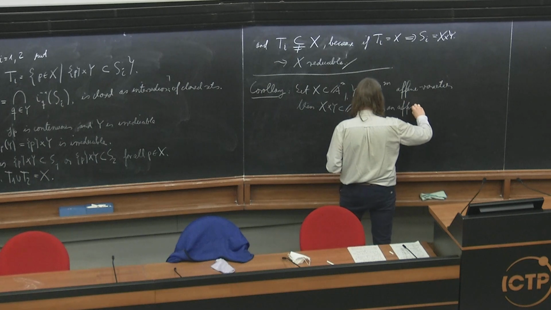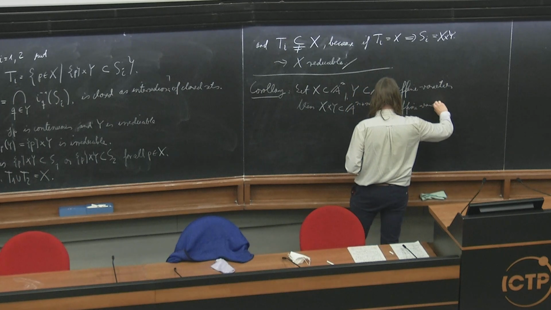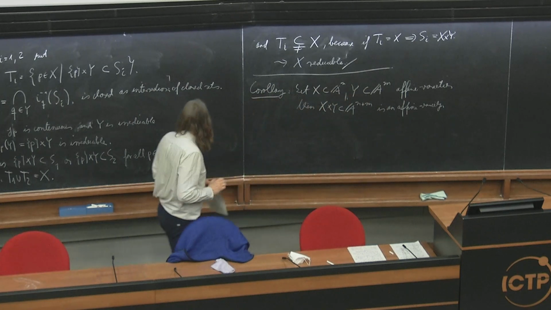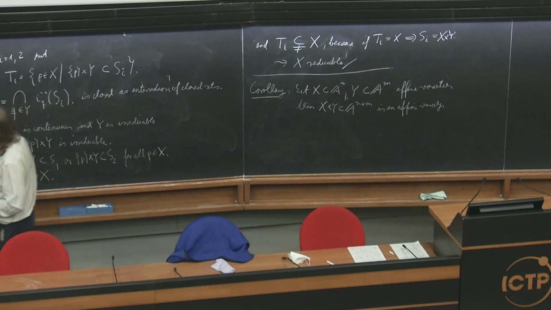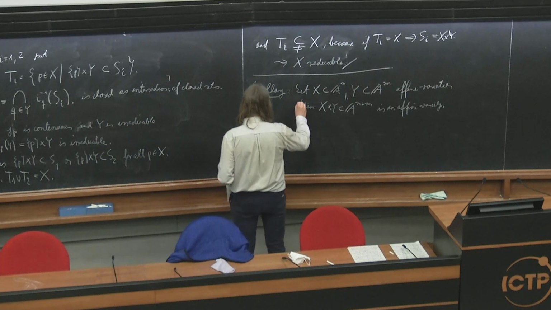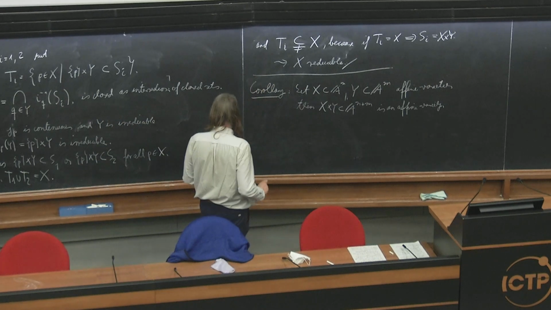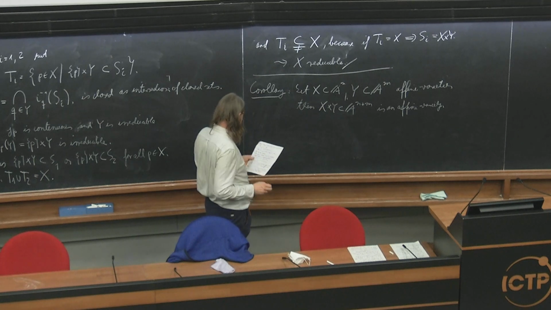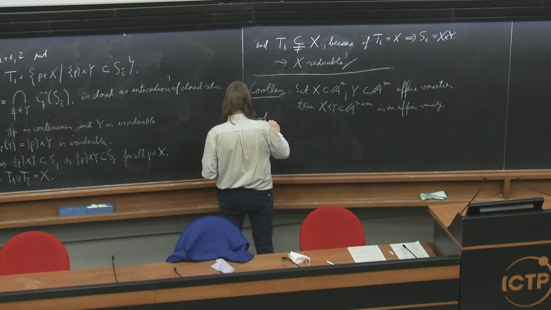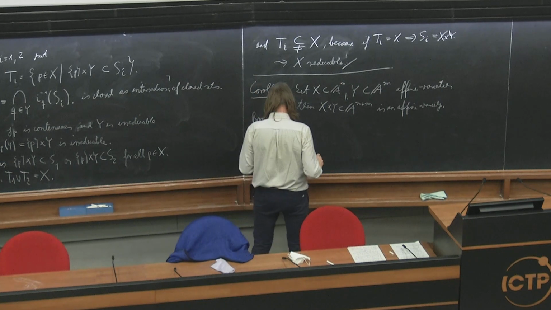Now, they are irreducible. So, why is that? We have to check the assumptions of this lemma. So we have to see that these inclusions that I had there are indeed continuous, and they are continuous because they are morphisms.